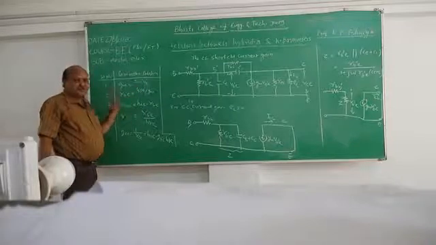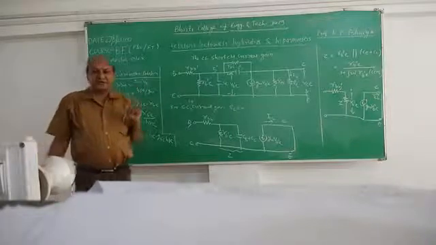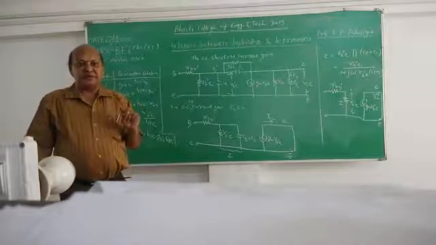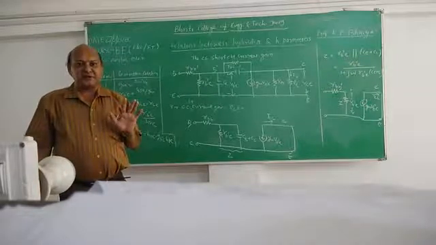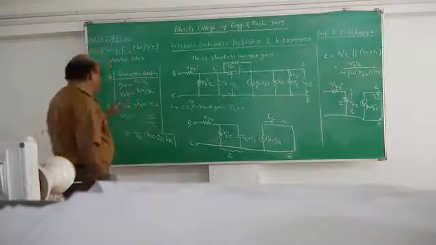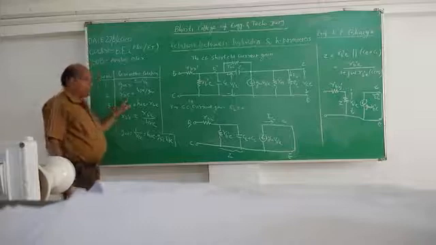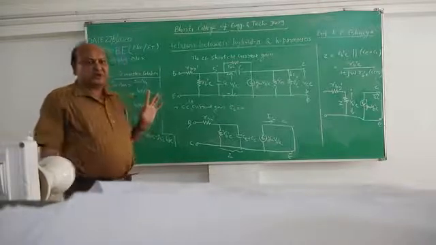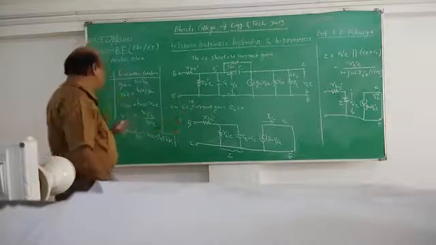Number two, Rb'e. Rb'e is the resistance between base spreading terminal and emitter. Rbb' is simply called the base spreading resistance, and Rb'e is the resistance between the base spreading terminal B' and E, the emitter.